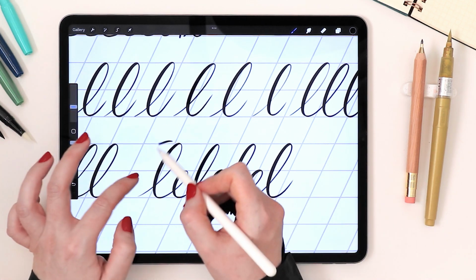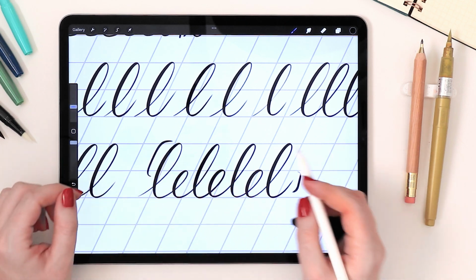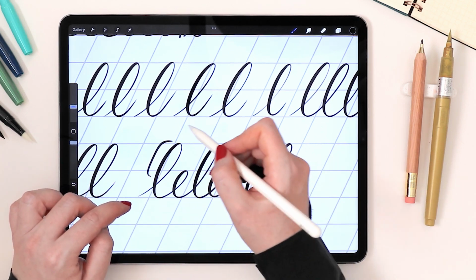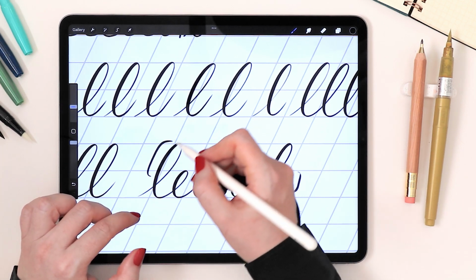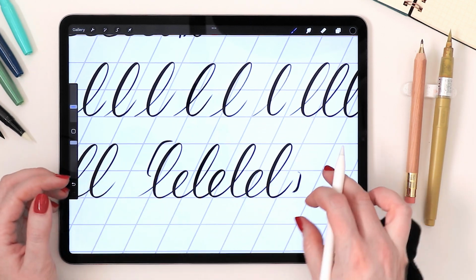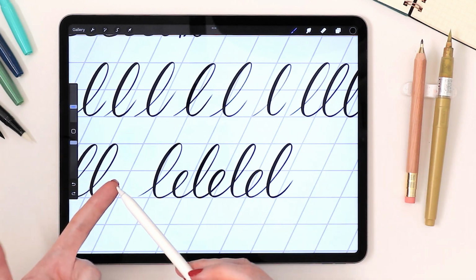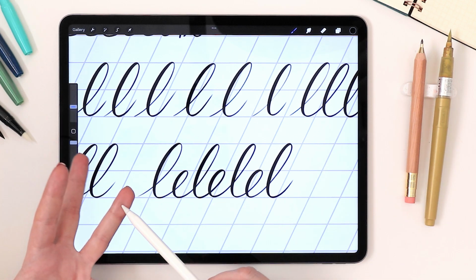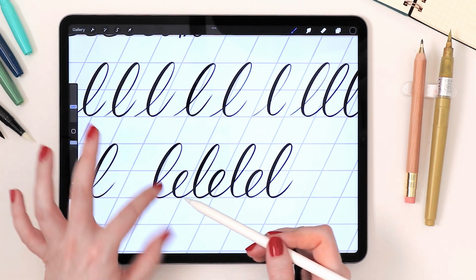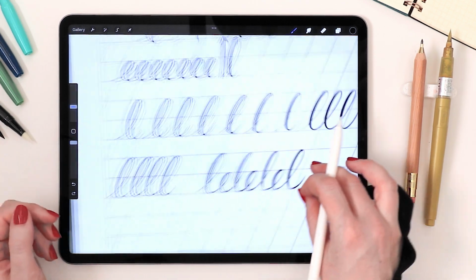You have ascender heights, X heights, and then you have descender heights, which we haven't gotten to yet, but you will constantly in script writing be moving higher, then lower, then higher, then low again. So this is a very, very good exercise to get to that combines upstrokes, downstrokes, curves, loops, and variation in height. Oh, and letter connections, of course.